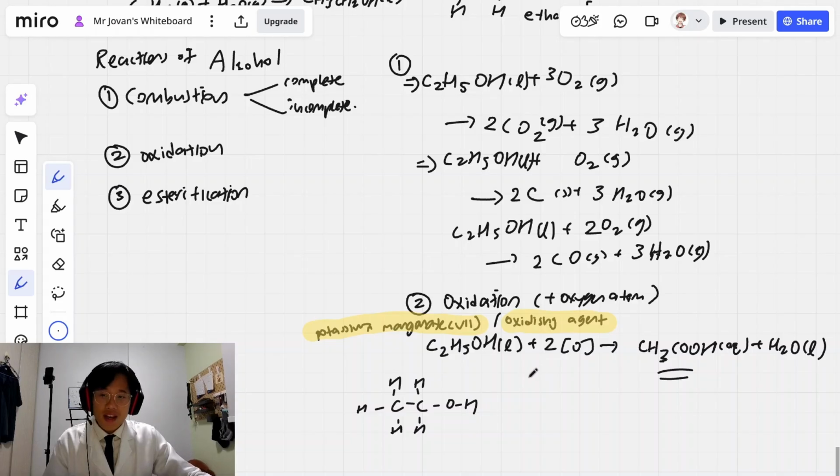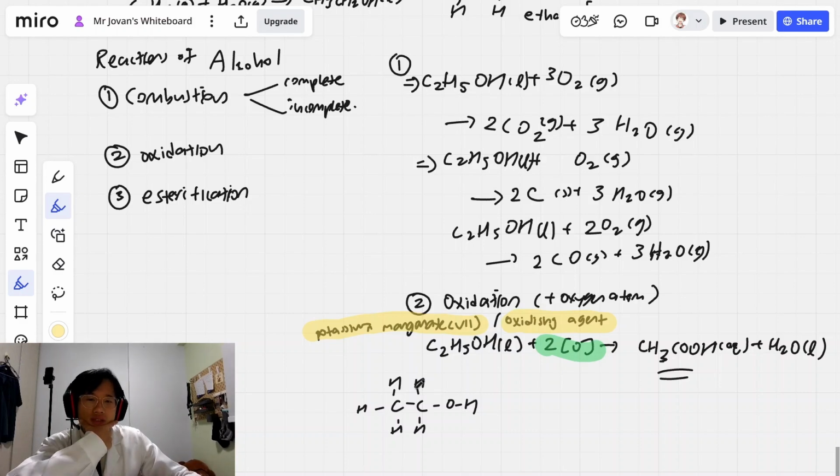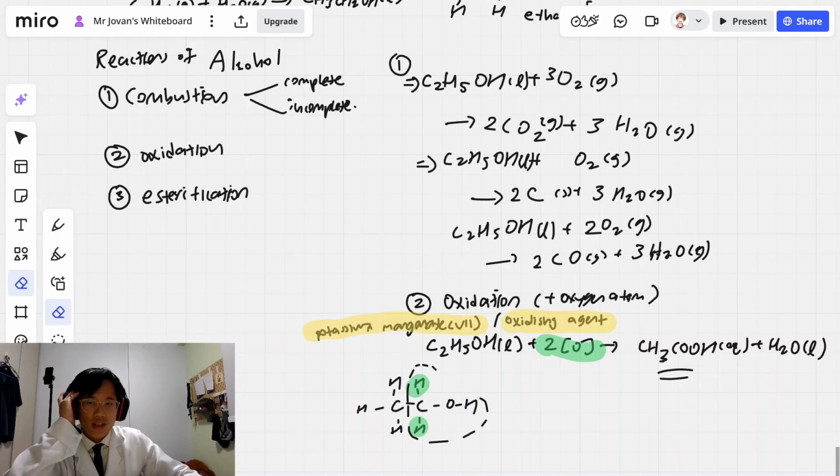What I'm actually doing with the O is that I am plucking out two hydrogens, so that I have space to add an O into the alcohol and make it a carboxylic acid. Make this portion look like a carboxylic acid. So what does it look like?